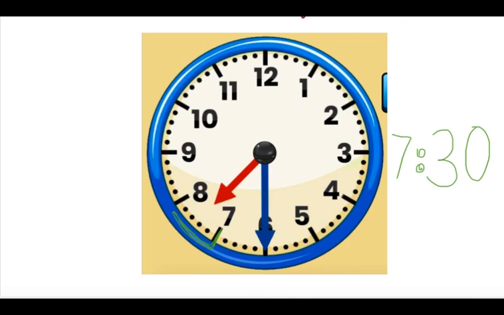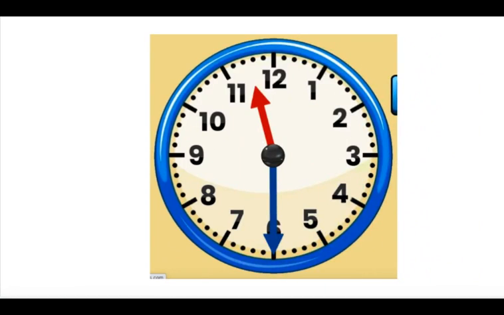Awesome. I want you to just think in your brain and try this next one all by yourself. Think about what hour the clock has already gone past. So what hour is our hour hand in? And then check out the minute hand. How many minutes have already gone by in the hour?